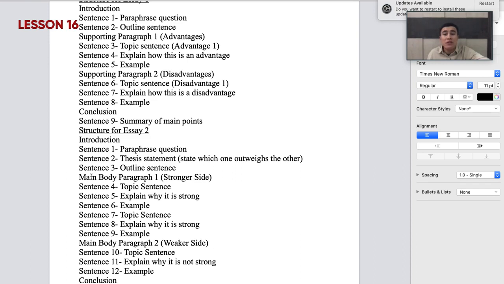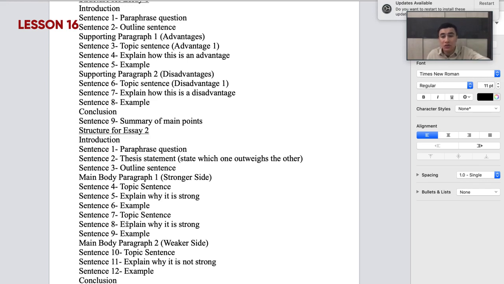Okay, now moving to the main body. The first paragraph is going to be dedicated to the stronger side. You will start from a topic sentence, then explain why it is strong. So you should point out one idea and discuss it in a way that will clearly explain to the reader why you think this side is stronger.